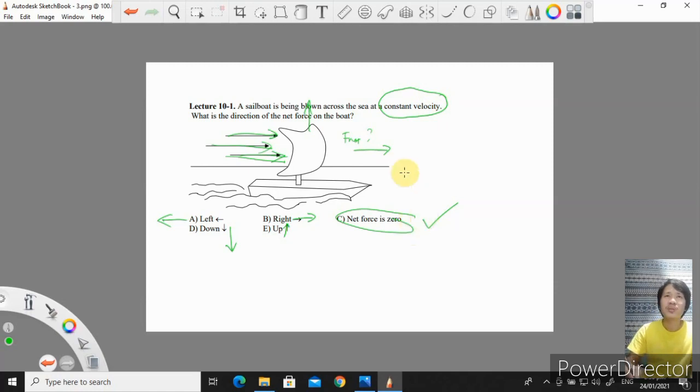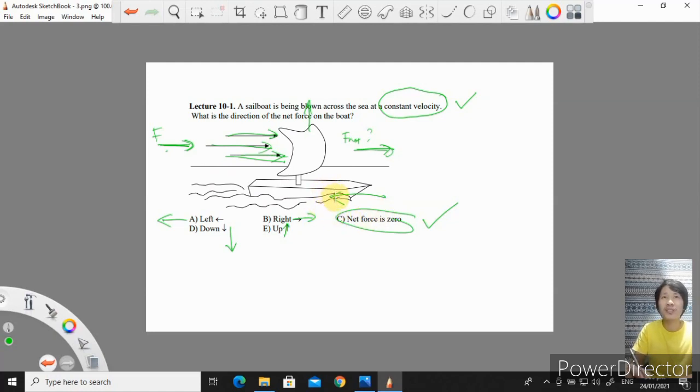Sir, how can that be? If the net external force is 0, what makes the object, the boat, move? Why would it move in this direction? You said it is being blown by the wind. Our initial reaction is that being blown by the wind, there is a force, this force by the wind. But the velocity is not constant then, so probably this is only one force. This force is probably cancelled by the frictional force underneath, the drag of friction between the surface of the water and the boat.